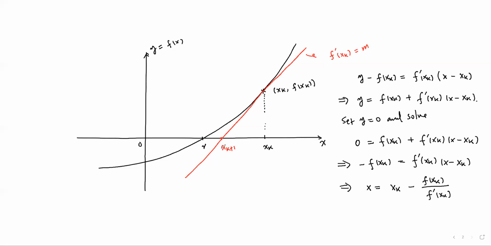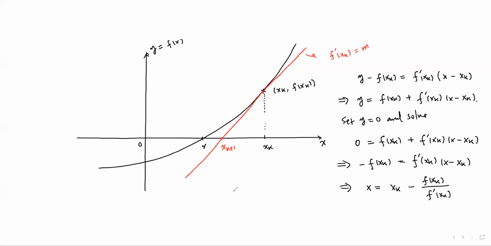Graphically, we can see that xk plus 1 is closer to the root alpha than xk. We consider the intersection point's x coordinate as the next step of Newton's method.